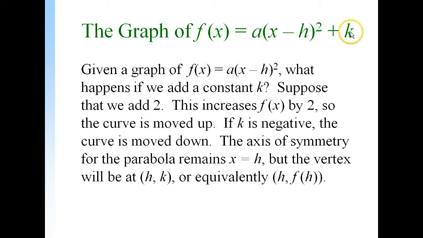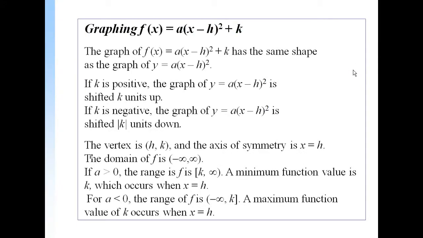This k out here is where it is in regard to the y-axis. This is in regard to the x-axis. This is in regard to the y-axis. So it's going to shift. All right, let's take a look at it.